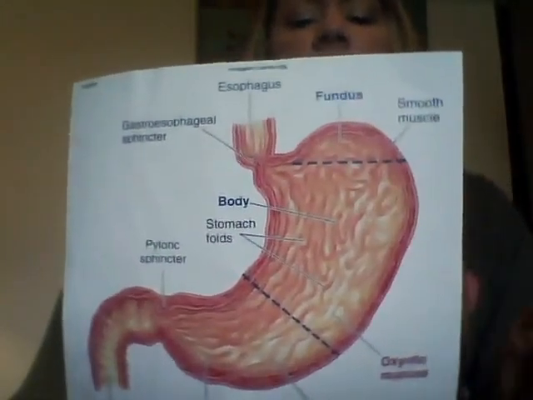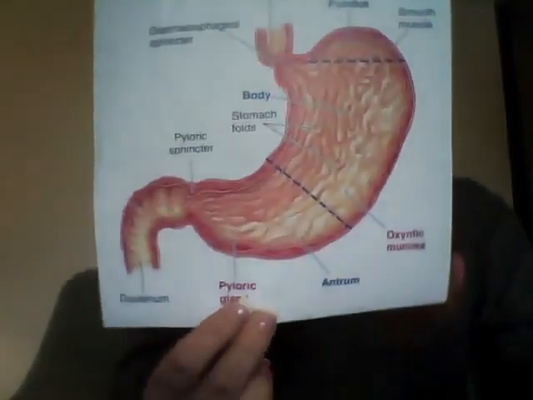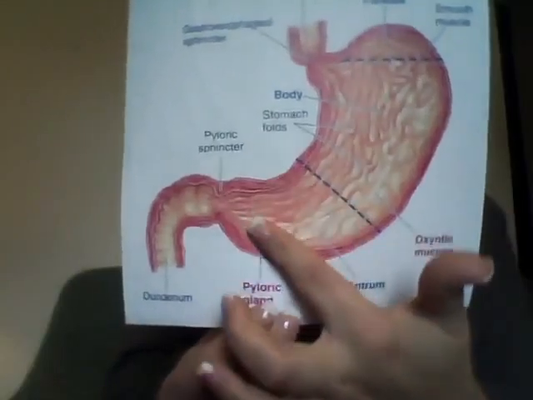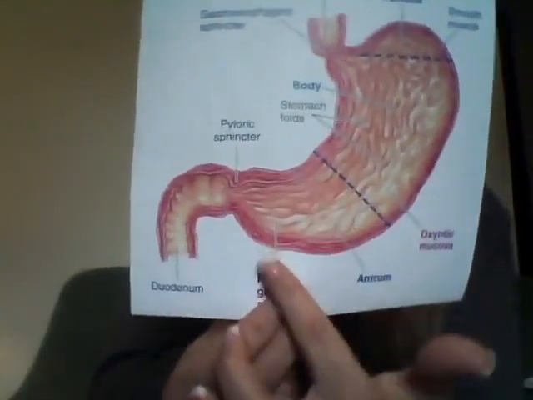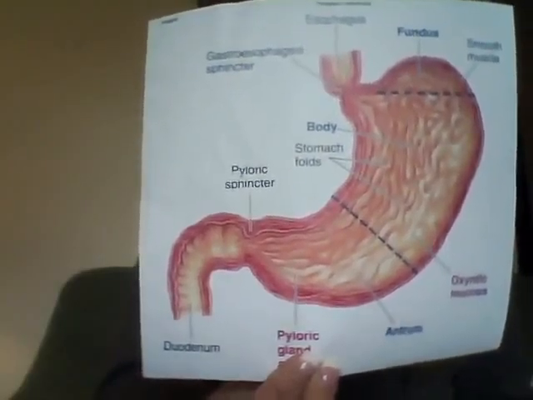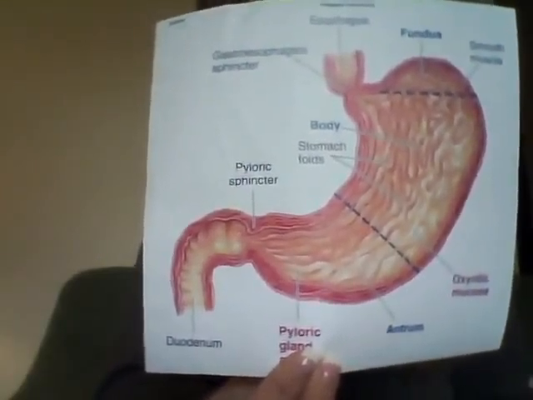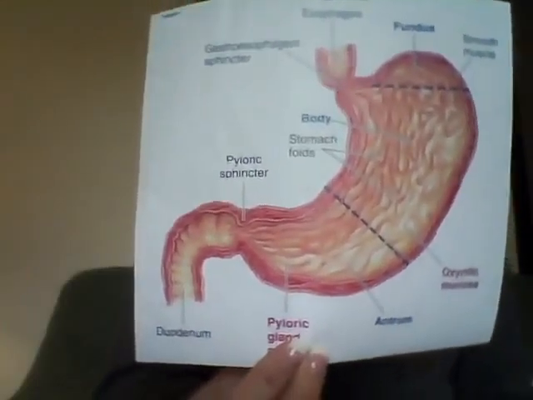These sections also contain gastric glands. Then down here, our pyloric antrum. Our pyloric antrum grinds the food, regulates the hydrochloric acid content in the stomach, and also contains gastrin-producing G cells.